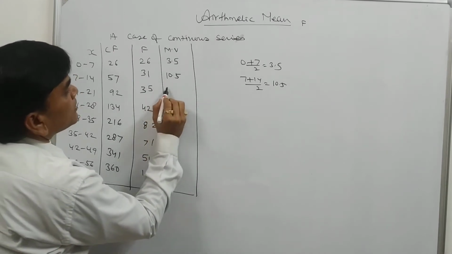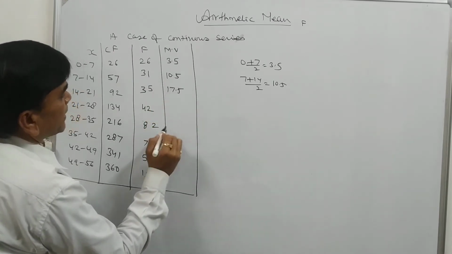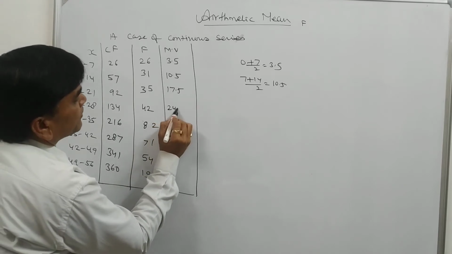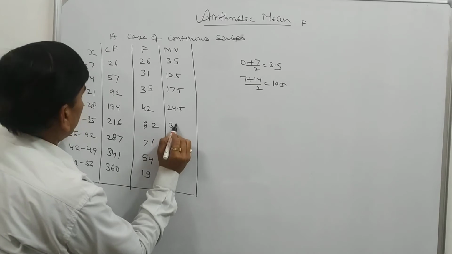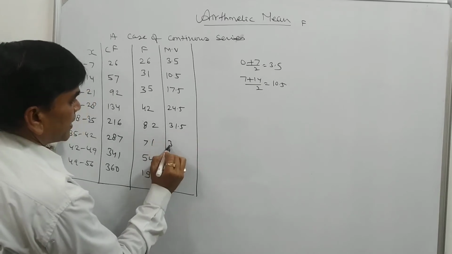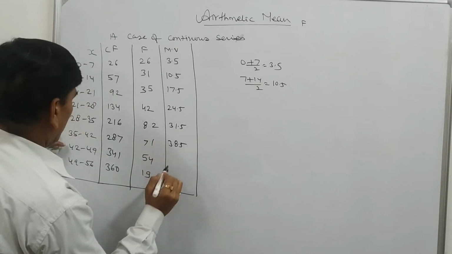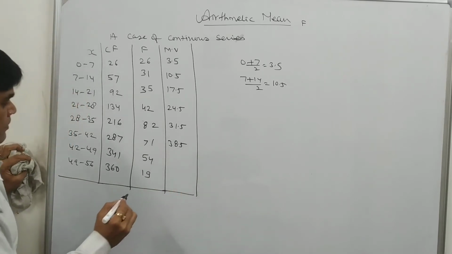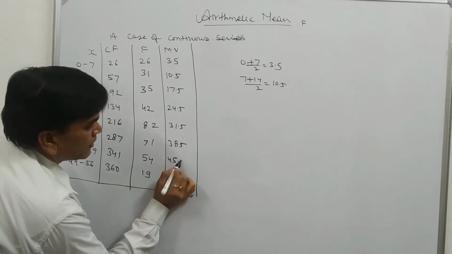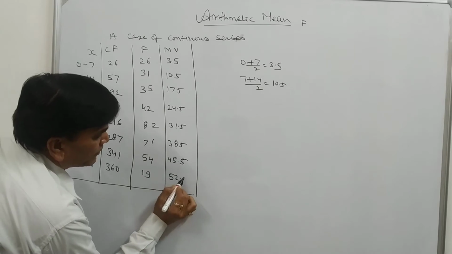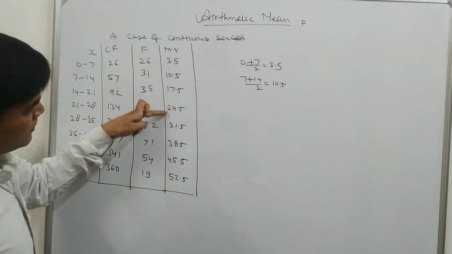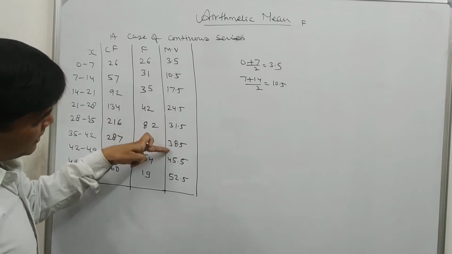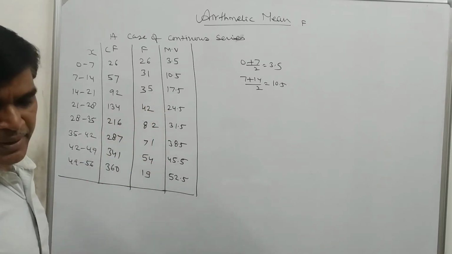The third mid value is 17.5, then 24.5, 31.5, 38.5, 45.5 and 52.5. The difference is 7, then 7, 7, 7, 7, 7.